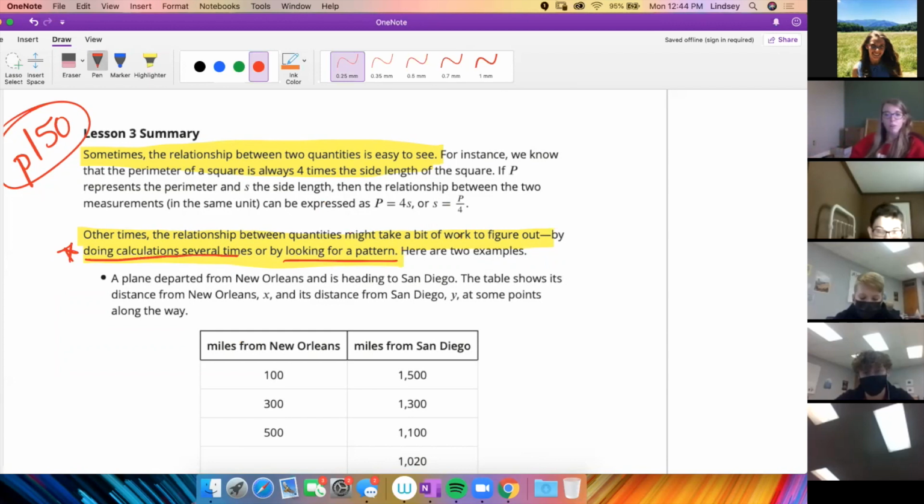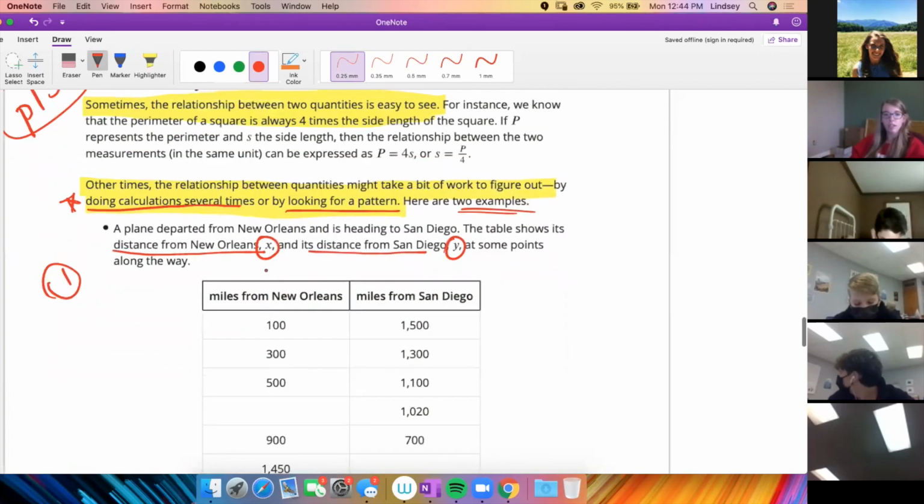It gives us 2 examples here. This is example 1. A plane departed from New Orleans and is heading to San Diego, and the table shows its distance from New Orleans, X, and its distance from San Diego, Y. This is very similar to that home and school table we looked at earlier.